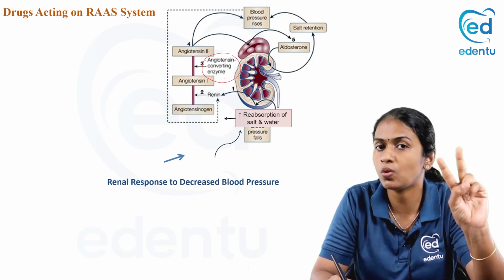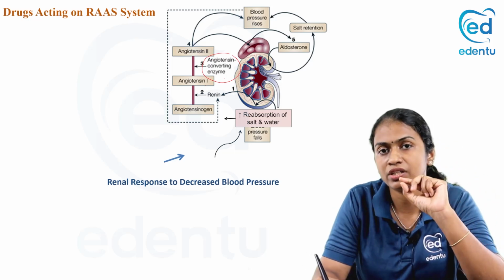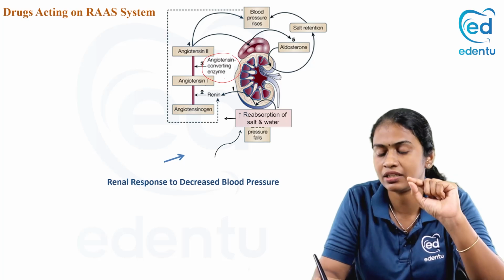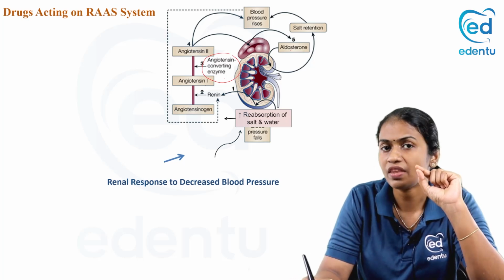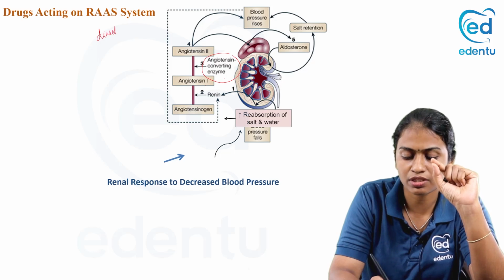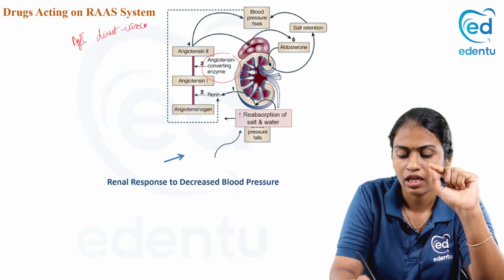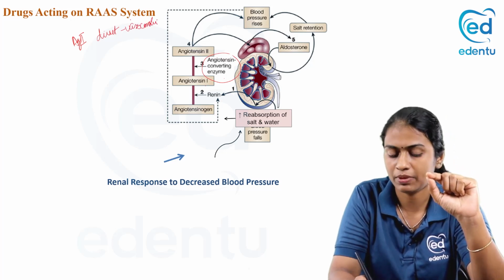Angiotensin 2 has got two actions. One is it stimulates the adrenal medulla to secrete adrenaline that will cause vasoconstriction. That is the direct effect of angiotensin 2. Okay, angiotensin 2 causes vasoconstriction and increases the BP.